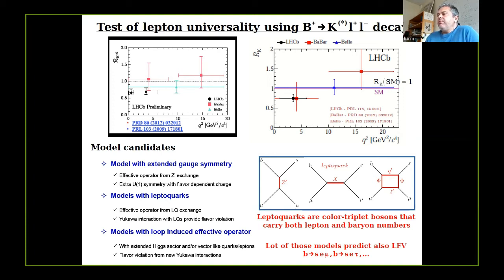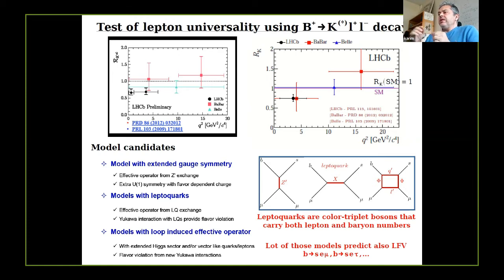Among them, one which seems to survive the current constraints are the leptoquarks. And this leptoquark model very often predicts enhancement. So my naive interpretation is that we will see other deviations, but basically it's expected.